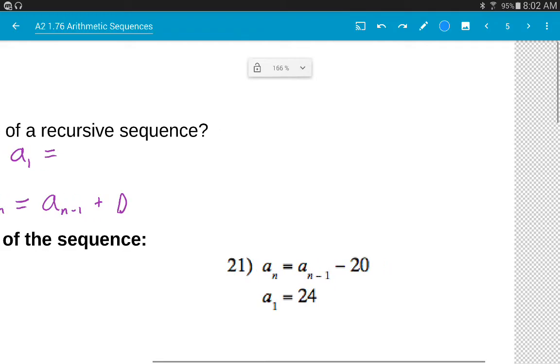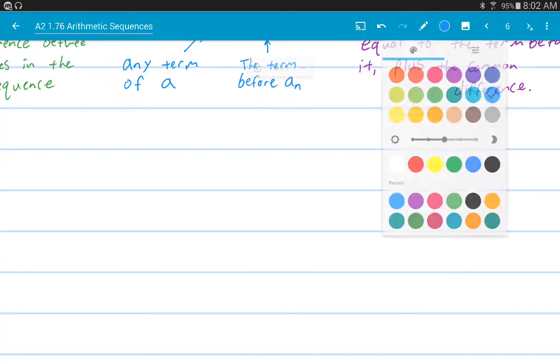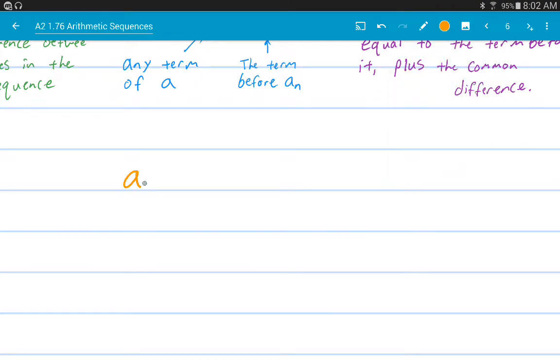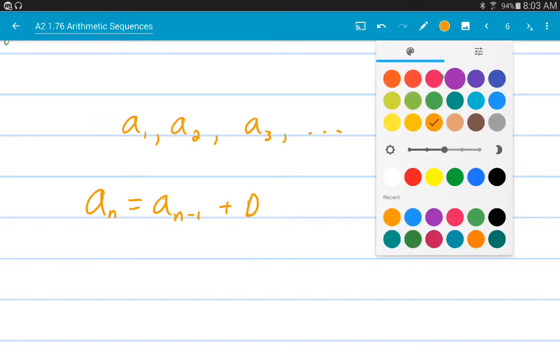If we have a list of numbers, and I'll leave them nice and vague, right? If I have a sub 1, which is the first term, a sub 2, which is the second term, a sub 3, dot, dot, dot. When I say something like a sub n equals a sub n minus 1 plus the common difference, what I'm saying is if you want the fourth term, right?